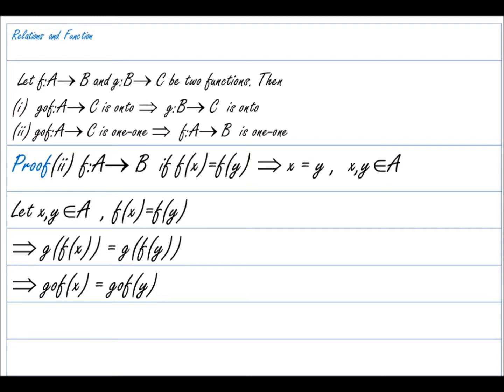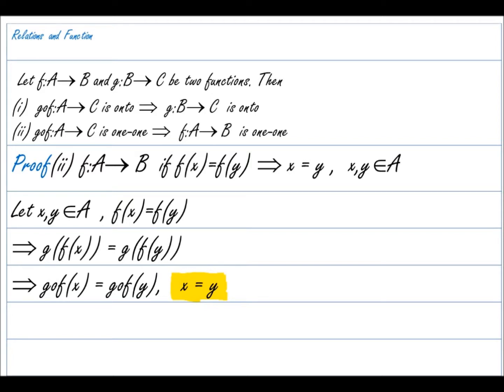Now gof is a function from A to C and it is also a one-to-one function, which means if g of f of x is equal to g of f of y, then x is also equal to y. And that's what we wanted to prove.